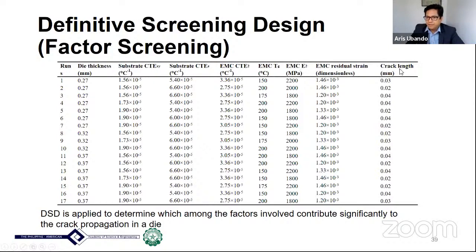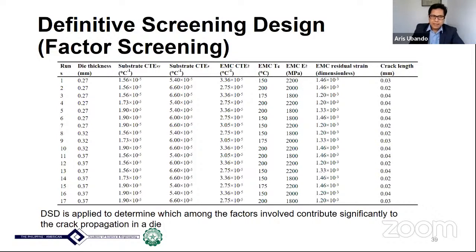And lastly, we have the crack length. And we have performed 17 runs for the combinations of the factors, the 8 factors for the DSD.